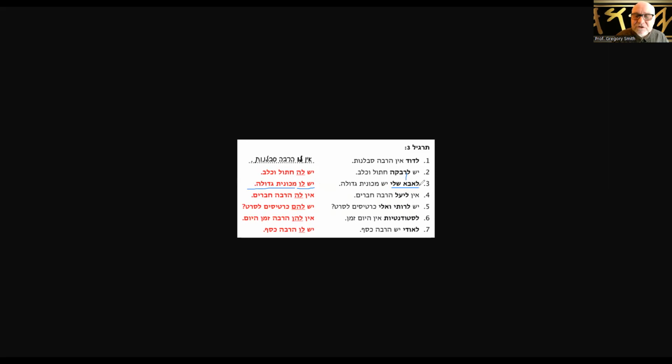So le abba shali, to my father, yesh mekonit gedola, there is a large car, and then it changes to him. You see that? So this gets changed to this. Abba shali gets changed to lo, to him. Yesh lo mekonit gedola.